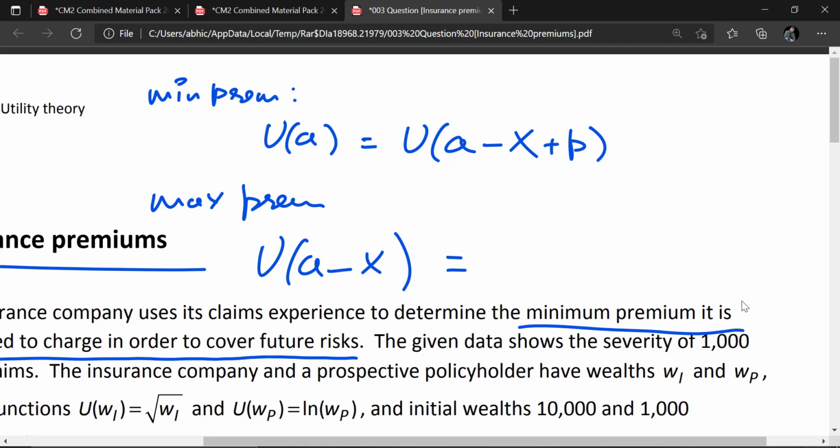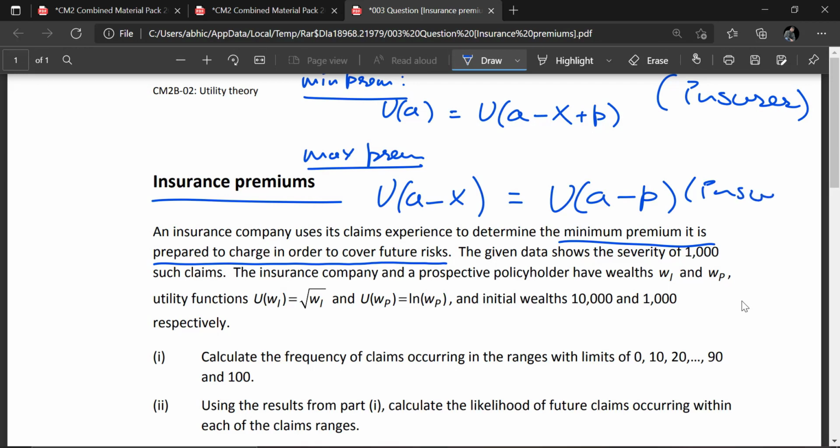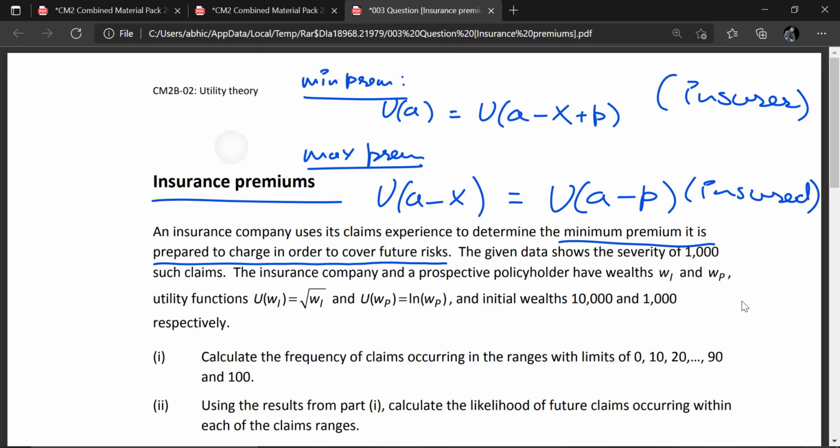With insurance, they have an initial wealth of A, but they don't have to pay for the loss, so they just pay the premium. This is the equation to find the maximum premium, and the other is the equation to find the minimum premium. This is for the insurer and this is for the insured, which we had discussed in one of the videos.